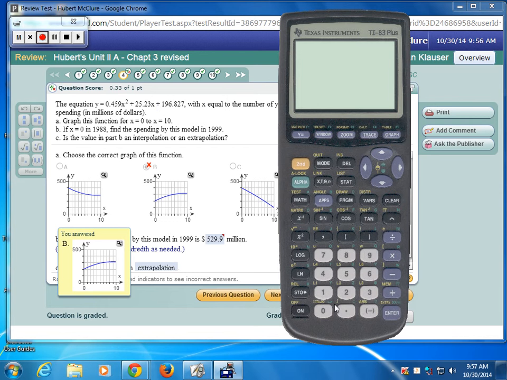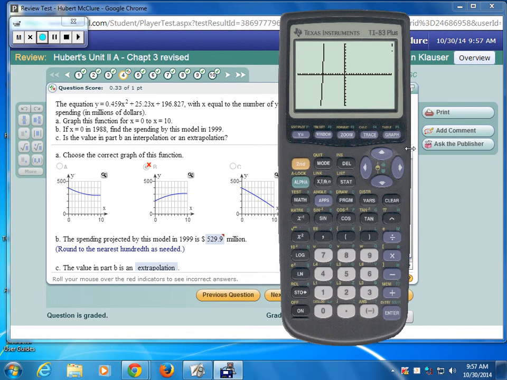So y is equal to 0.459x squared plus 25.23x plus 196.827, and graph.